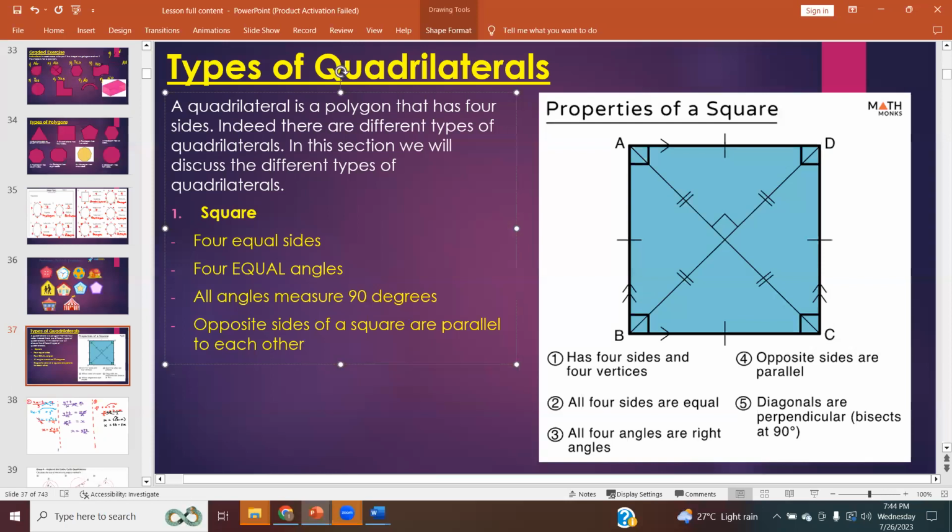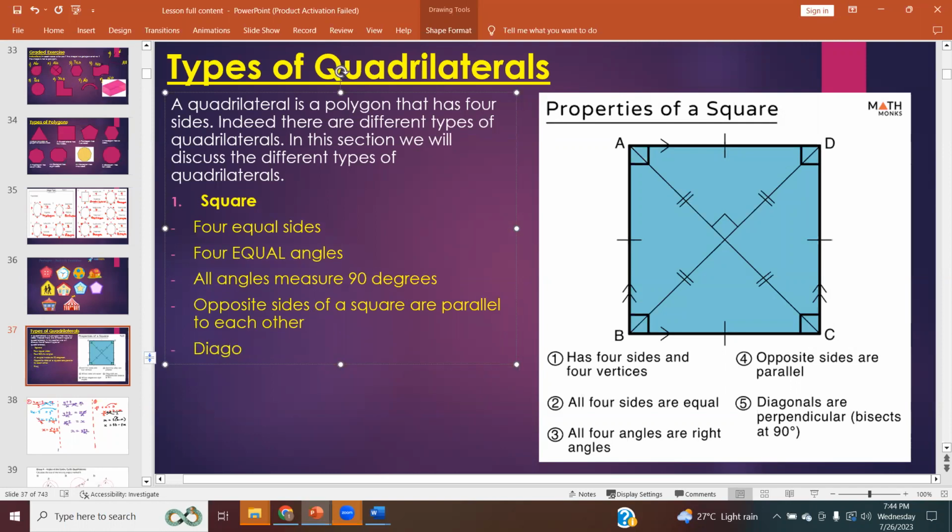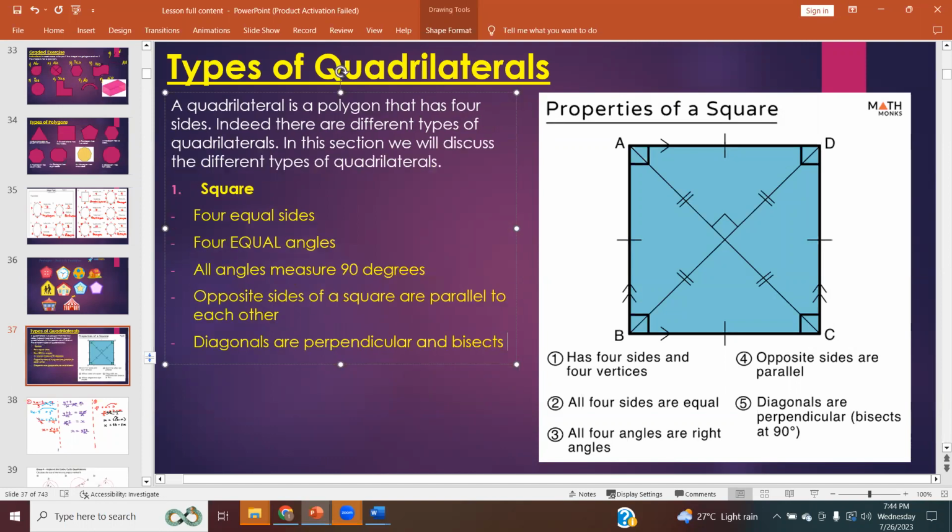It has 4 vertices. We don't have that. Diagonals are perpendicular. Yeah, that's very important. Diagonals are perpendicular and bisect at 90 degrees.